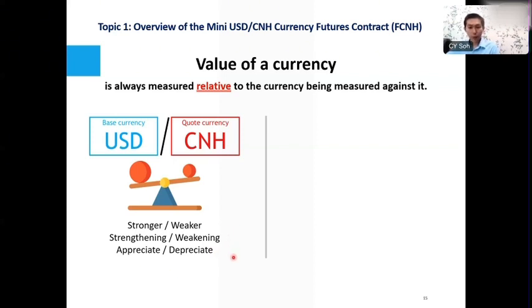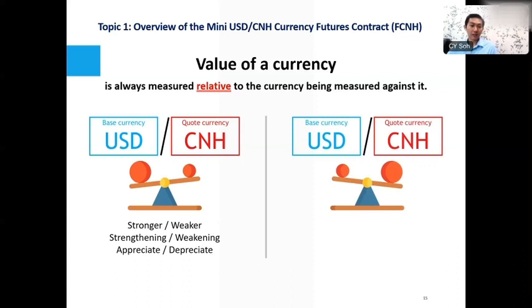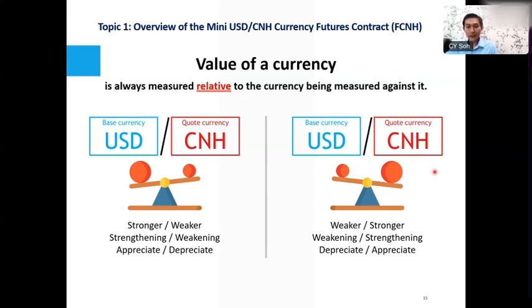They are also referring to the same situation. Now, on the flip side of the coin, when the US dollar depreciates, weakens, or is weakening, it means the Chinese yuan is stronger, or appreciated.